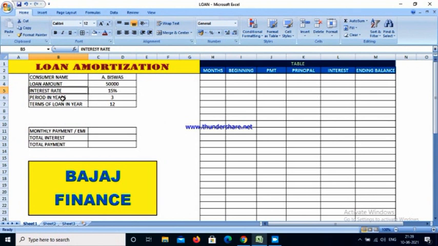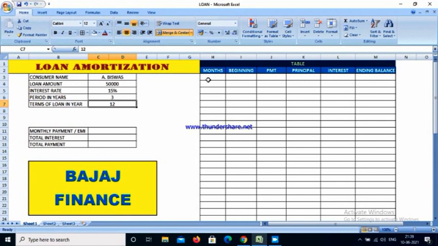Here, period in years is 3, actually the time is 3 years. The consumer A business gets 3 years to pay the loan amount with 15% interest, and number of terms per year is 12. So 12 months, as we all know students, 12 months are there in a single year. So now 12 into 3, 36. So 36 rows should be there for your EMI calculation table.